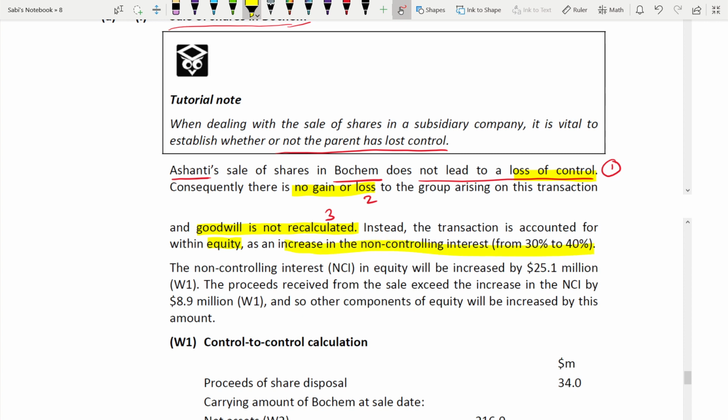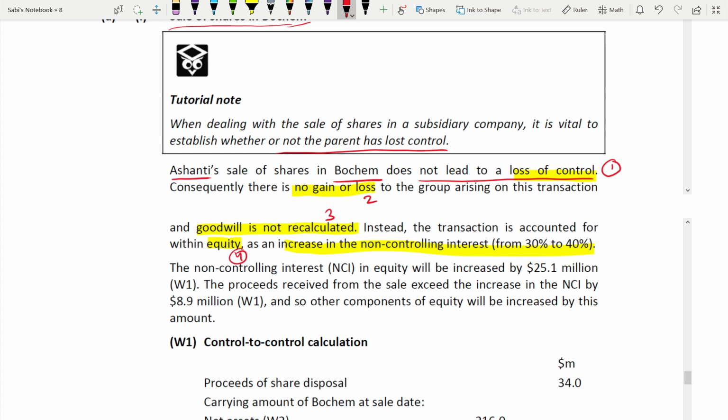Before, they had 70%, NCI is 30%. Now they have disposed 10%. That means they have 60%, NCI increased to 40%. NCI will increase by 10%. The major shareholder will fall by 10%. So NCI increases, that's why it is within equity only. This one is number 4. Why within equity? Because of the increase in NCI. Write that there's an increase from 30 to 40%. That's why it is within equity.